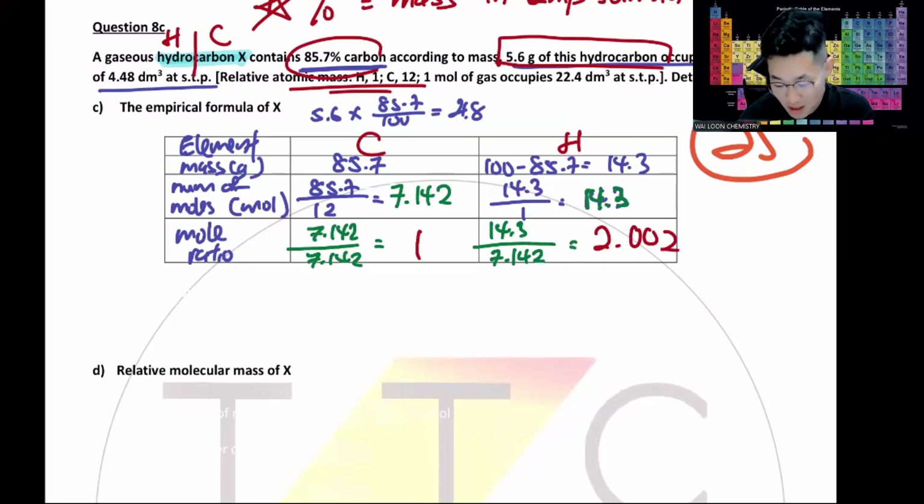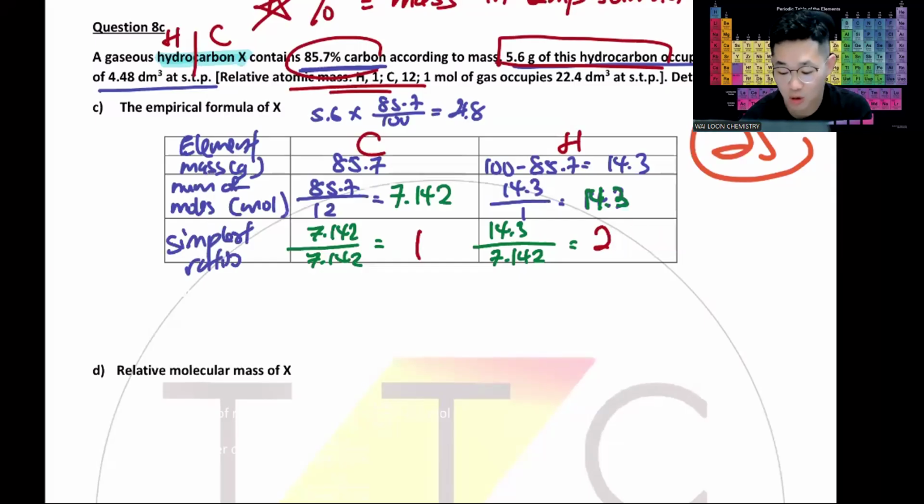We can actually just make it the simplest ratio. Since I can already get whole numbers, 1 to 2, there's no need to do ratio and then simplest ratio again. Okay, we straight away do the simplest ratio.